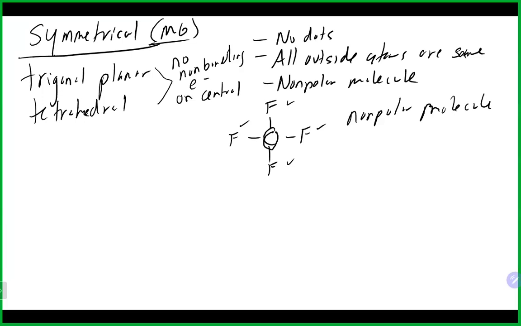But what would happen in this situation if I swapped out one of the fluorines for a hydrogen? Will it still be non-polar in this case? The answer is it will not be, because in this case, we had equal and opposite polar bonds heading that way. We still have polar bonds going in this direction, right?